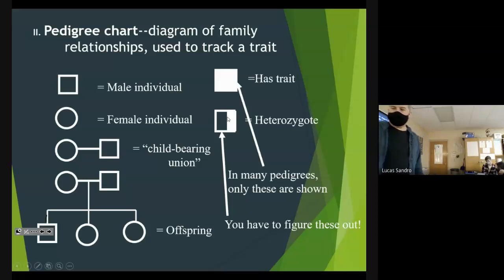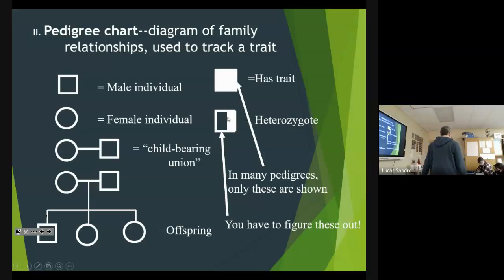Like I said, we've got the shaded ones for, in this case, we are tracking dimples. And there's a little story about the pedigree, about Jane and Joe and Clarissa and Grace and Jorge. And so all you've got to do here is read the story and write the name of each person below their symbol. So let's go ahead and do that right now.